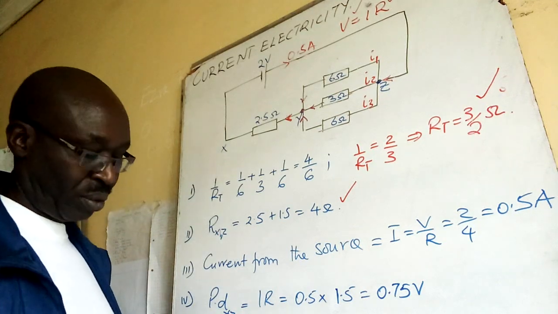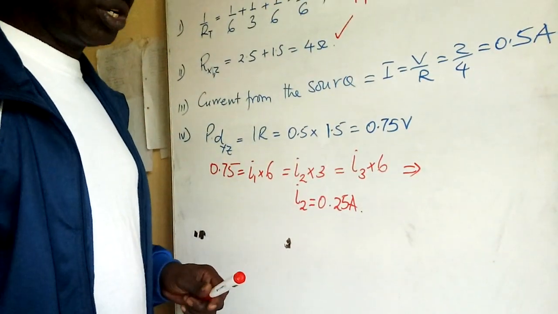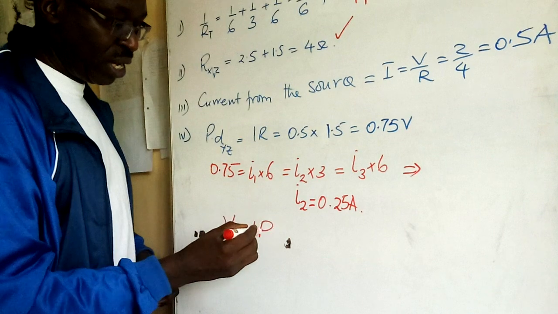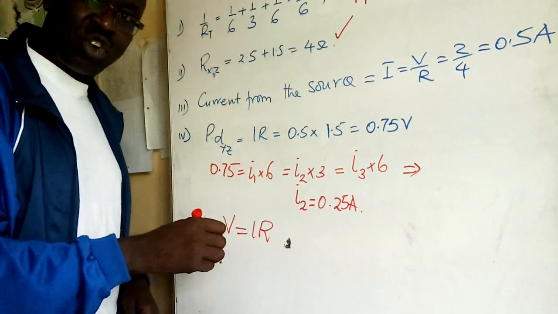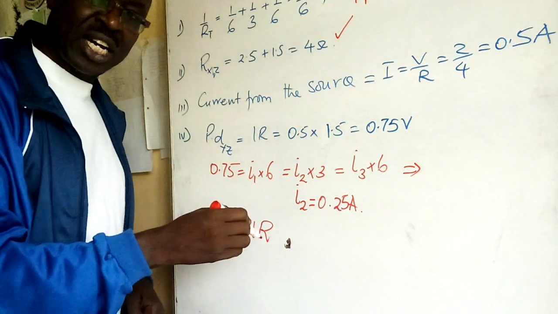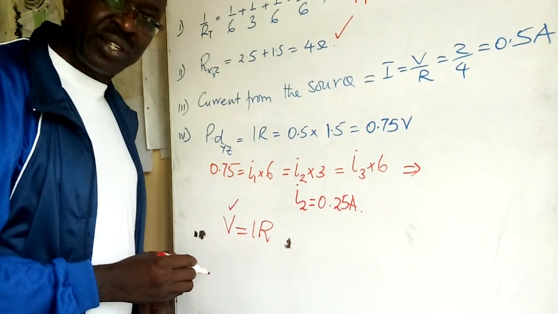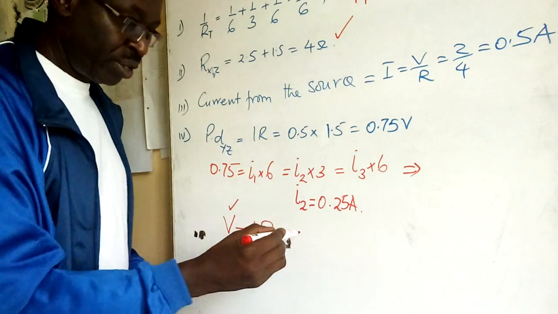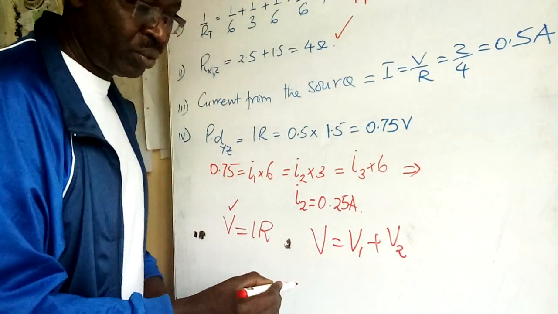Now I focus here to conclude. Our core thing is V is equal to IR. For any letter here, you must know its role in series and in parallel. V in series is the total of the individual PDs: V is equal to V1 plus V2.